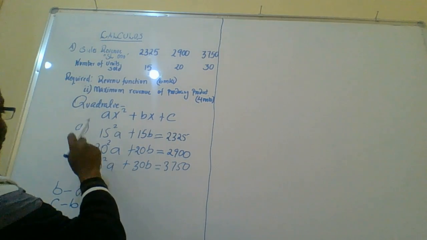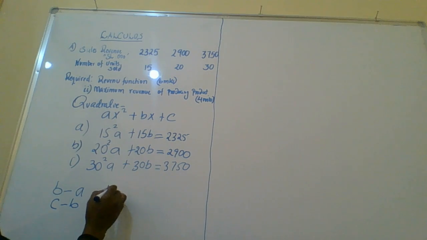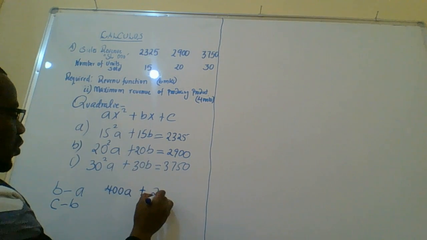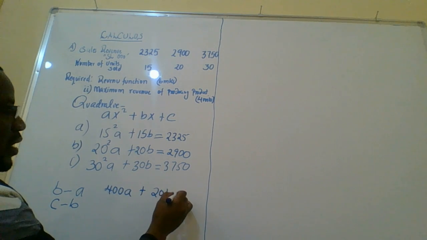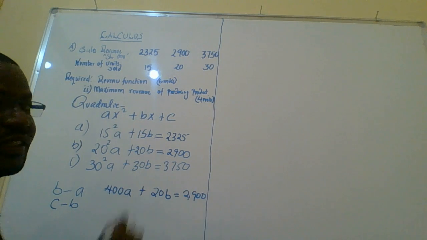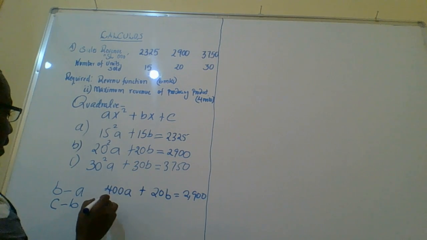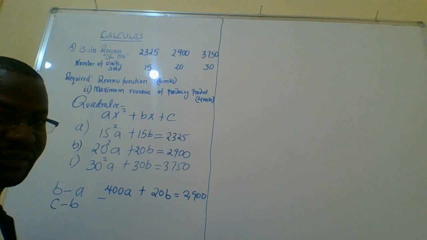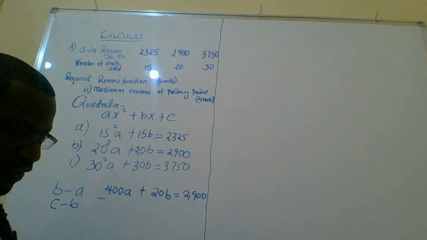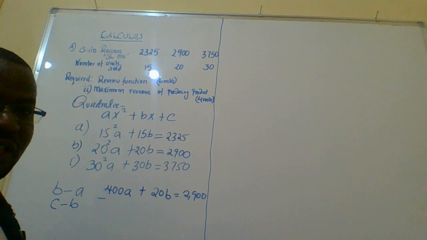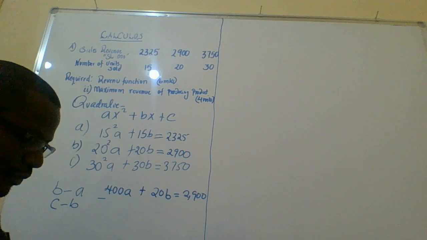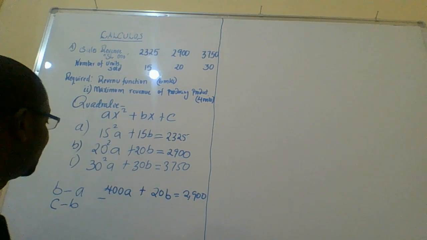B minus A, which is 400A, when you square 20, plus 20B is equal to 2,900, less 15 by 15, that is what? 225. Let me seek the help of my calculator to be sure. Exactly.